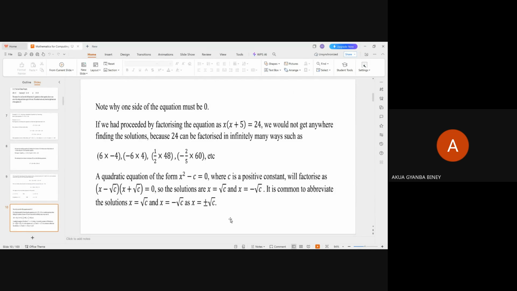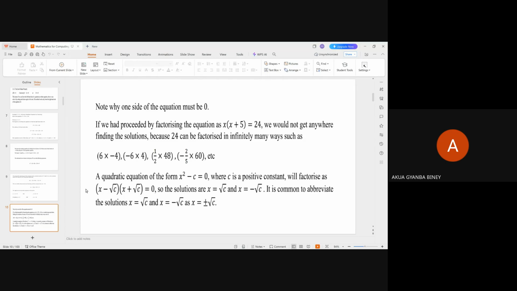Note why one side of the equation must be 0. If we had proceeded by factorizing the equation as it was given, we would not get anywhere finding the solution, because 24 can be factorized in many ways. A quadratic equation of the form x squared minus c equals 0, where c is a positive constant, we factorize into this.